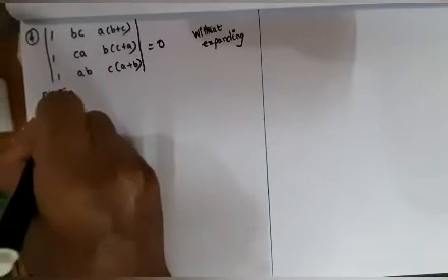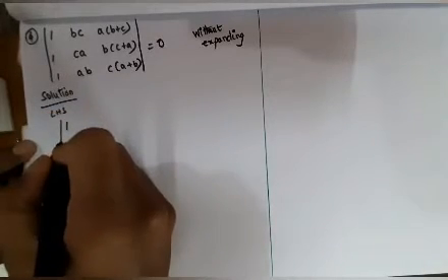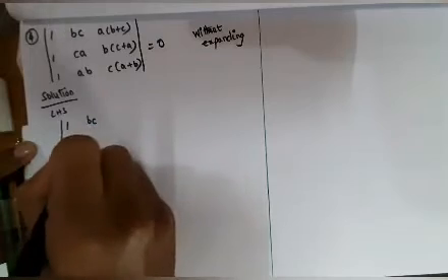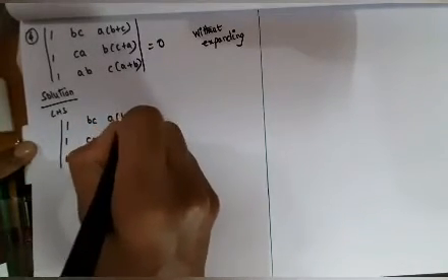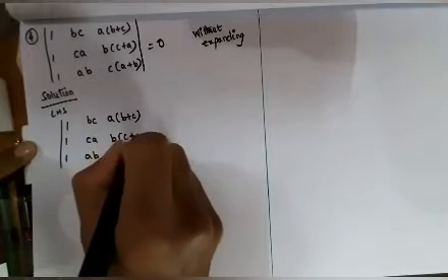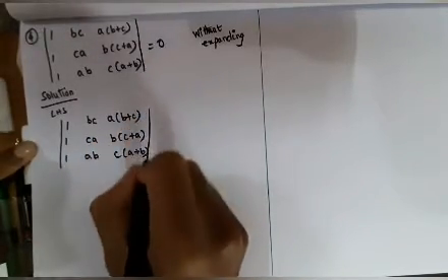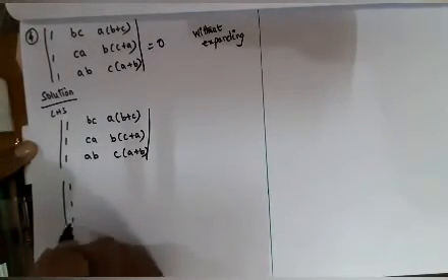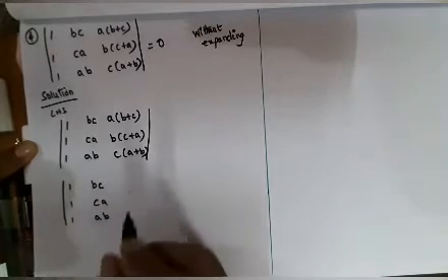Always write the left hand side. That is the first step of the solution. So now I am going to write column 1 and column 2 as it is given in your question.